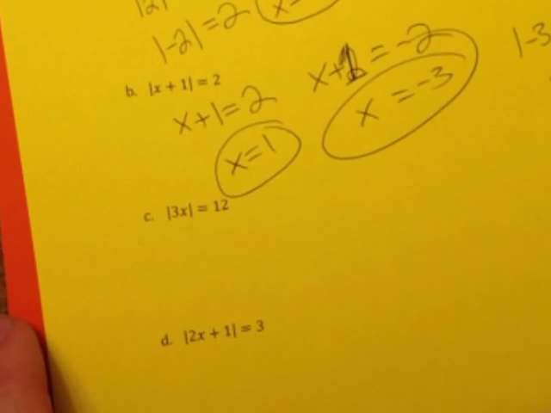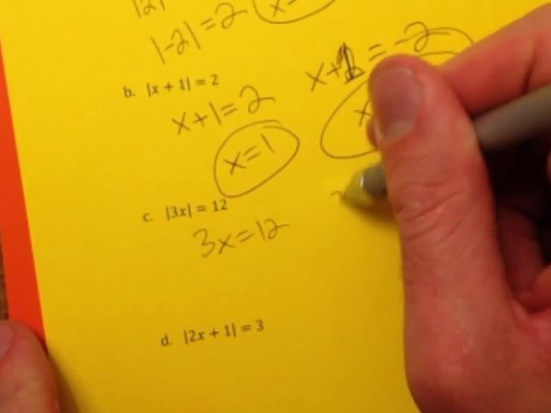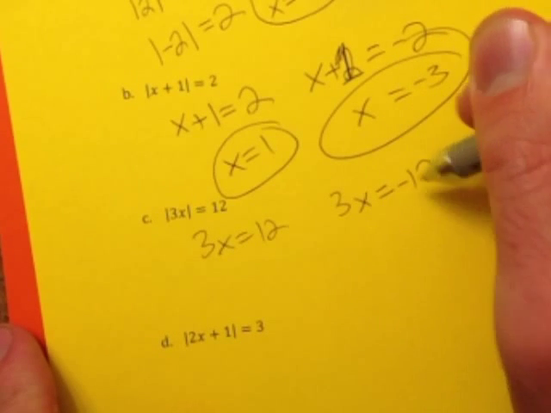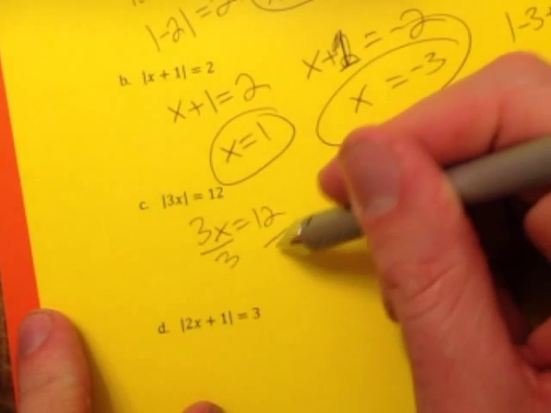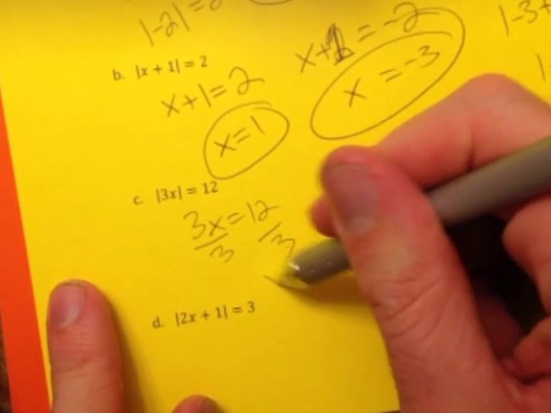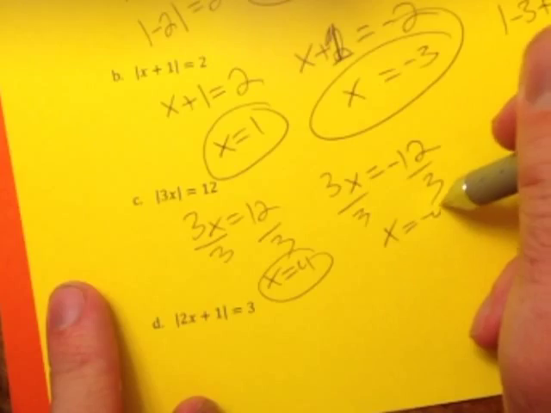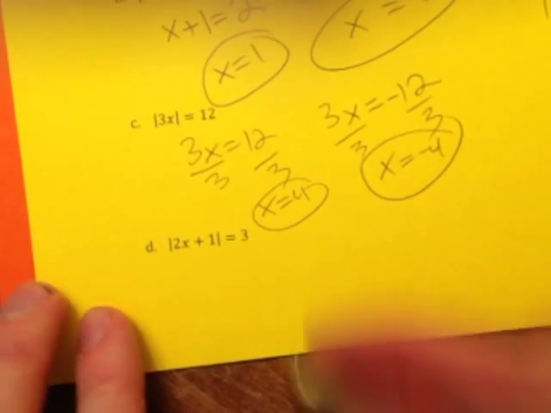Okay, for C, you're going to set 3x equal to 12 and -12. Because if that little expression in there simplifies to either of those two numbers, you will get a 12 after you take the absolute value. Divide by 3, and we get x is equal to 4 or negative 4. D, there's nothing really tricky here.